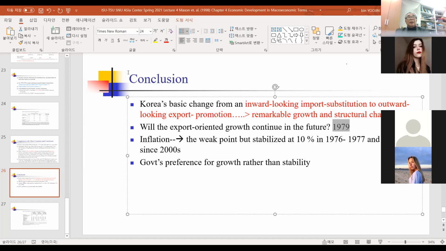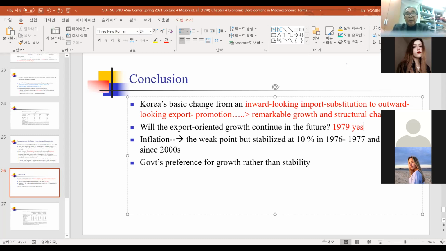See? They were questioning. But you have the answer. Korea became a major export-oriented country, even after 1979, after President Park got assassinated. So the answer is yes.